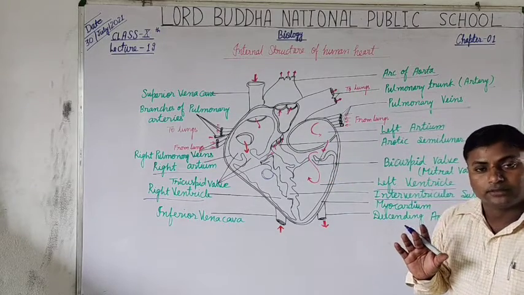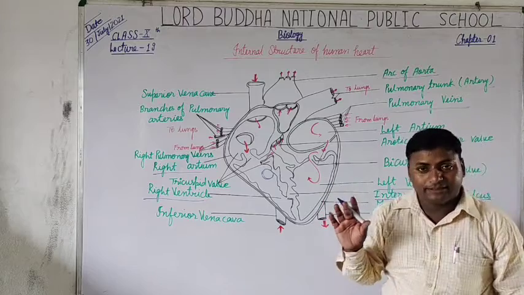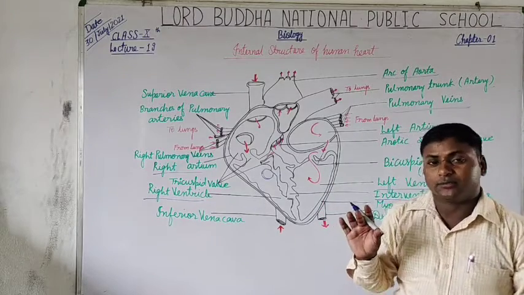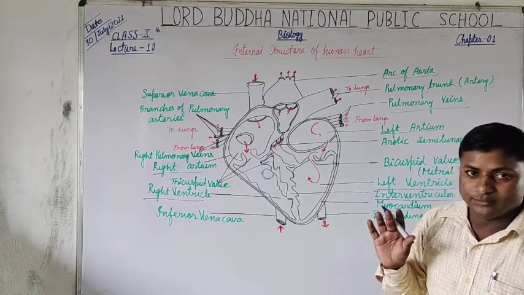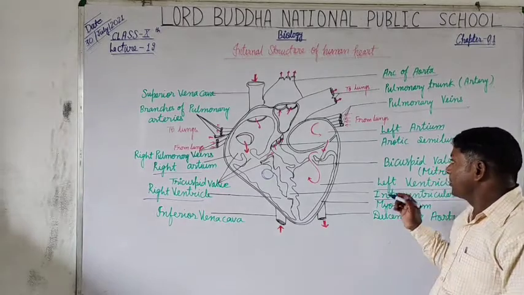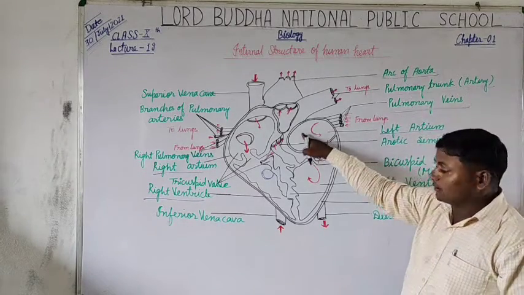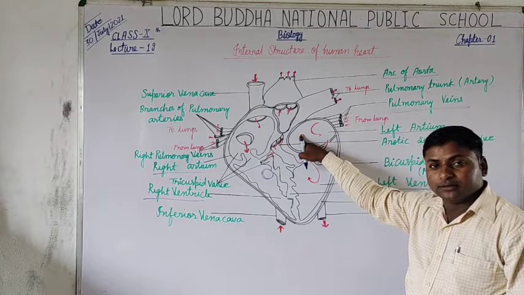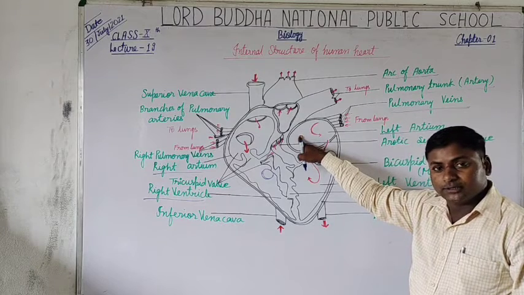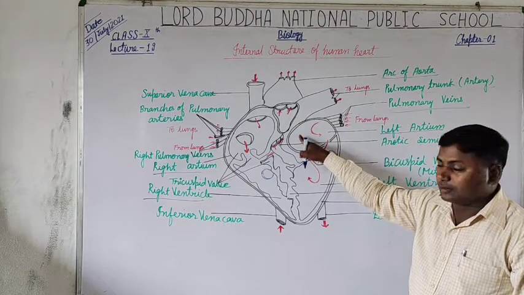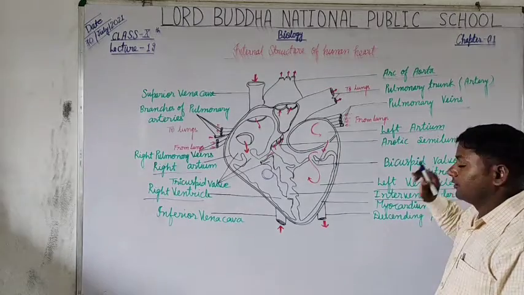You can pronounce it atrium or auricle because both are synonyms of each other. So where does the oxygenated blood come first? Firstly, the oxygenated blood comes into the left atrium.